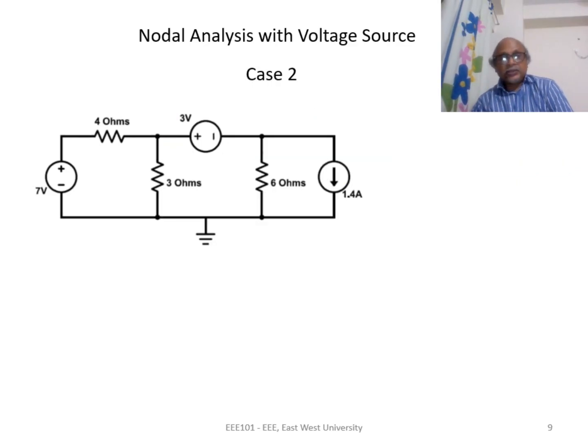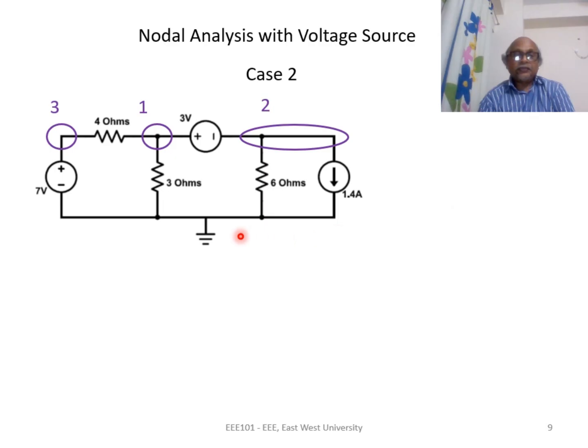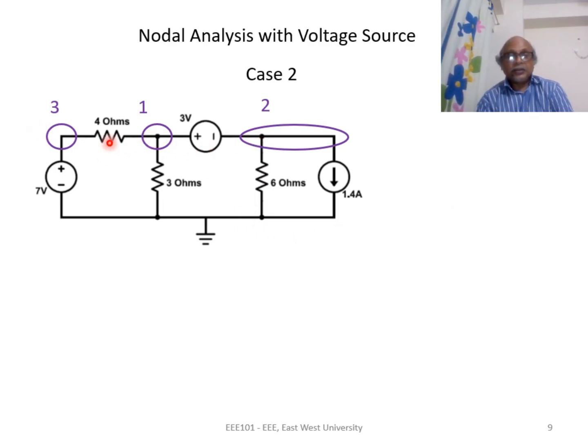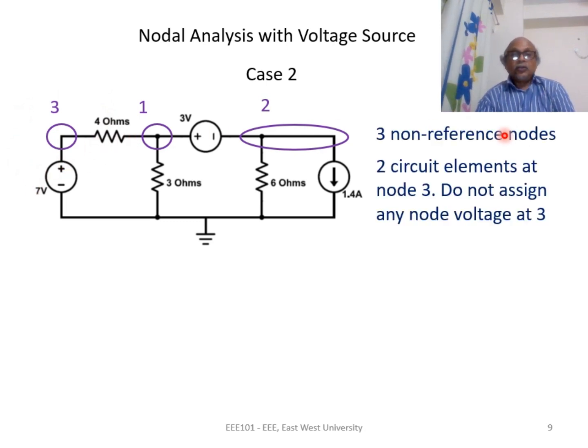Now we look at case 2. In this circuit, we have 3 non-reference nodes, 1, 2 and 3. Again, if you look at node 3, there are only 2 circuit elements connected. So we will not assign any voltage at node 3. We remove node 3.